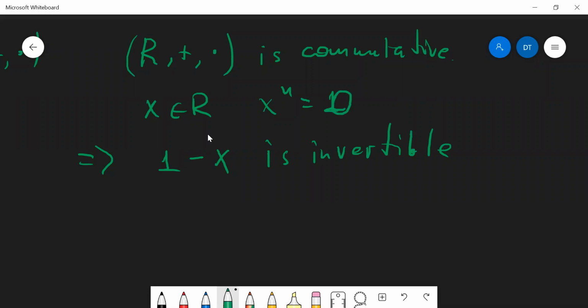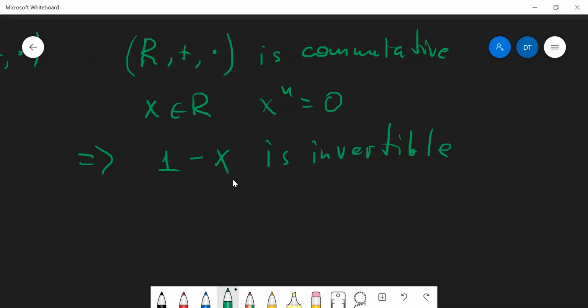I said it's nilpotent, but I wrote 1. That was a mistake. So that's all we're given. We know absolutely nothing, but the ring is a commutative ring, and we're given an element x which is nilpotent. In this general case, it's possible to show that 1 minus x is invertible.